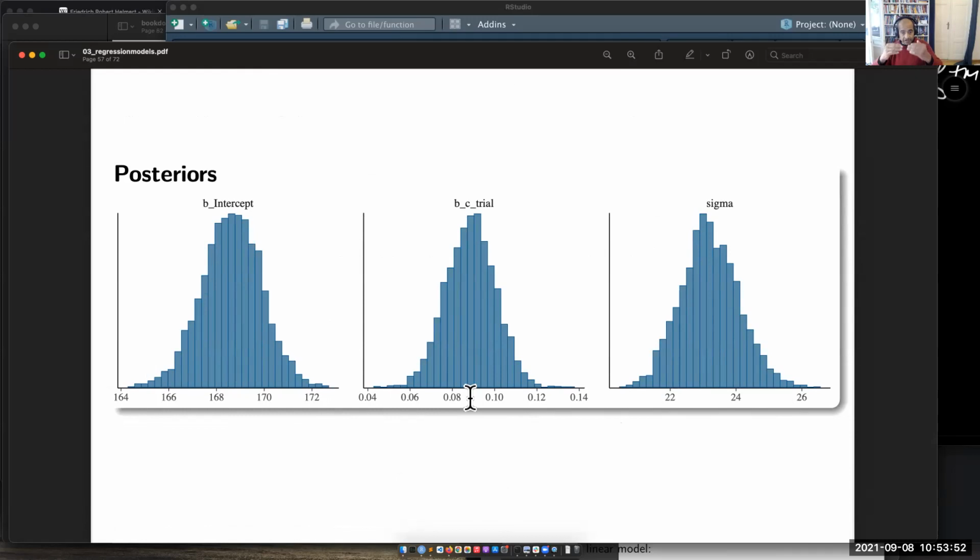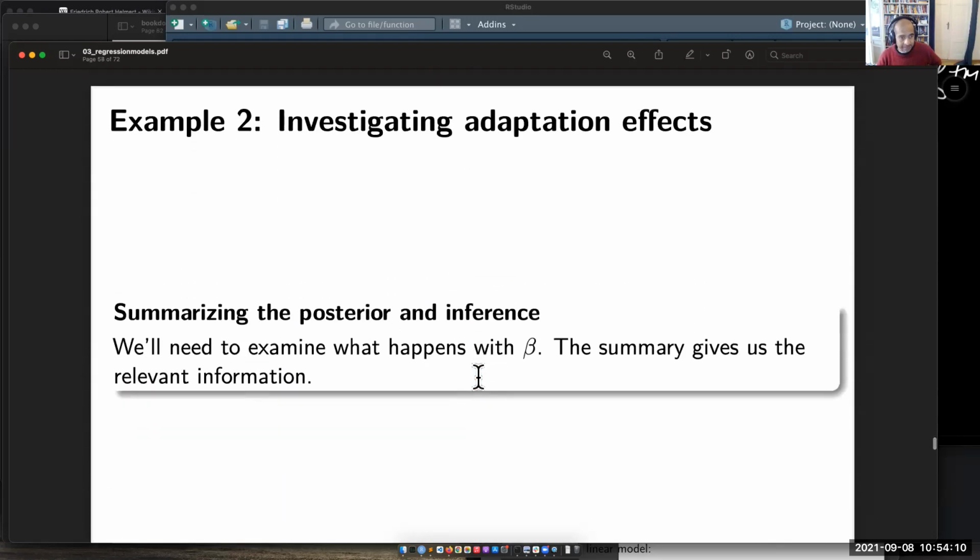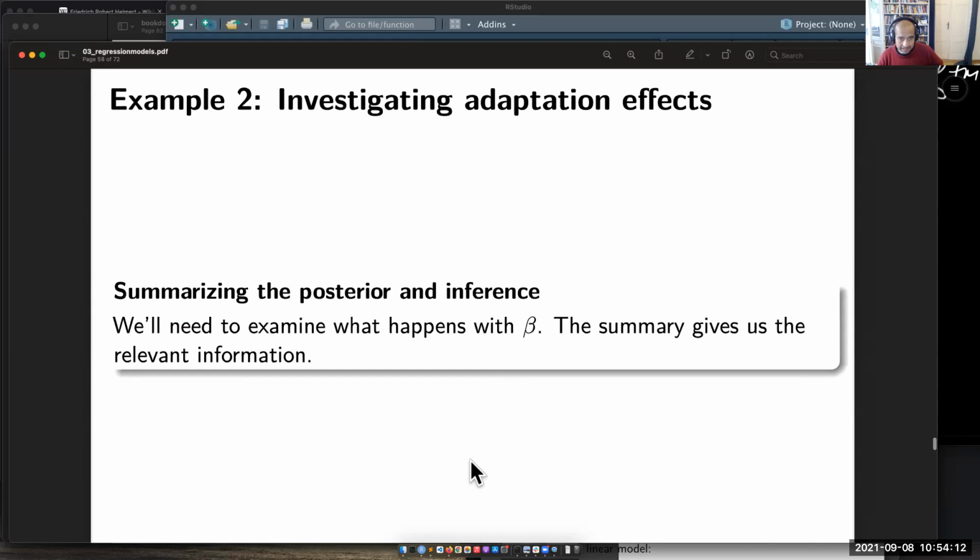That means for every unit increase in trial ID, the predicted increase in reading time is 0.09 milliseconds. So the subject is slowing down slightly with every increase in trial ID. That's what's happening. Okay, so you can summarize this posterior.